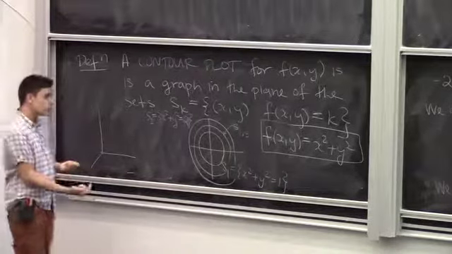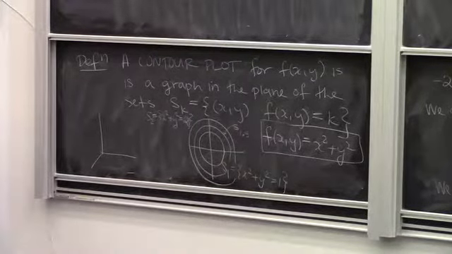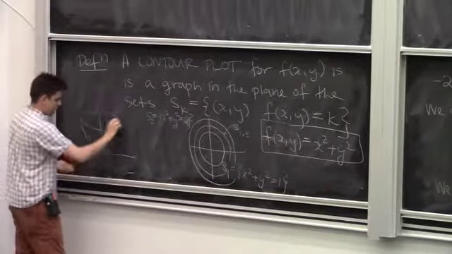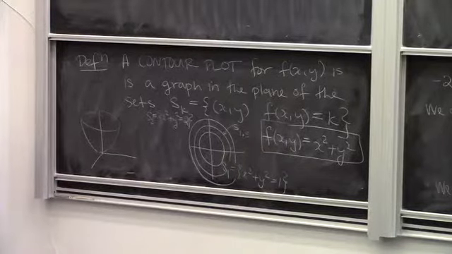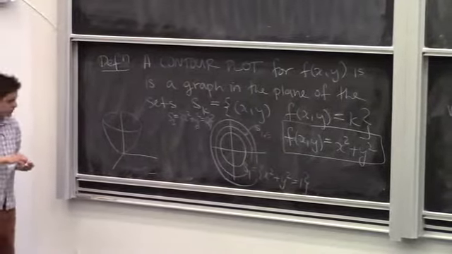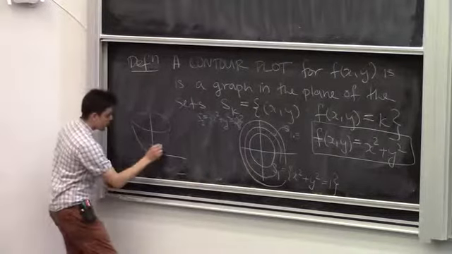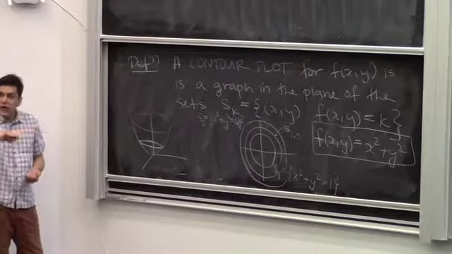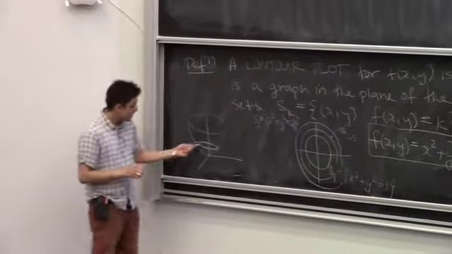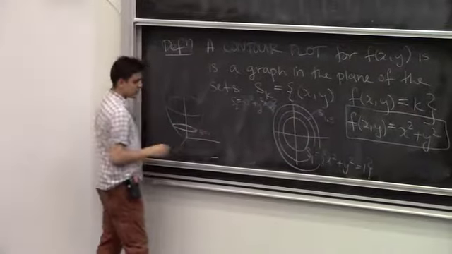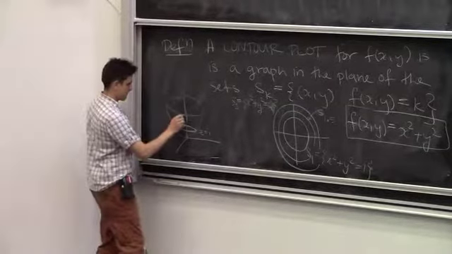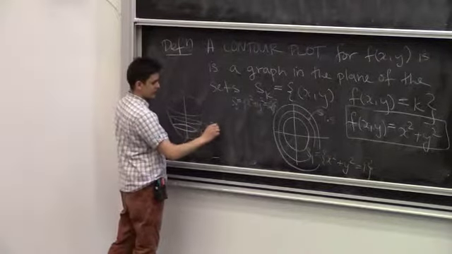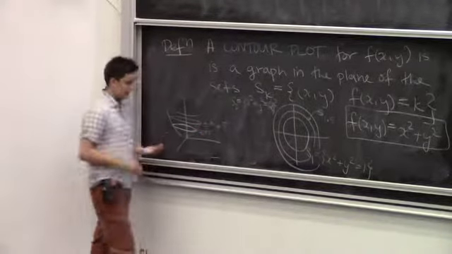Okay, so what do these correspond to on the graph in 3D of this function? Okay, in 3D, our function looks like a parabola, right? It's this sort of cone. Okay, so it corresponds to cutting our graph along a plane. Okay, so when we cut along the plane z equals 1, we get here. When we cut along z is equal to 1.5, we get here.